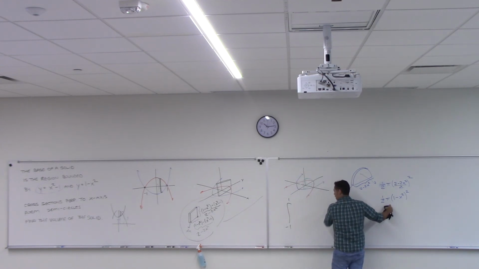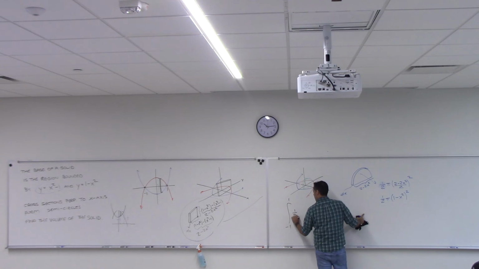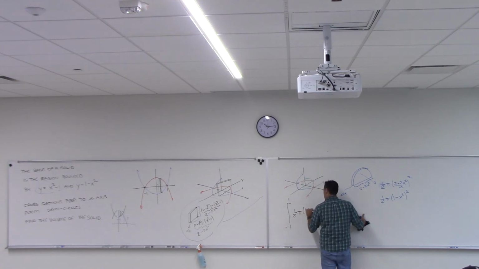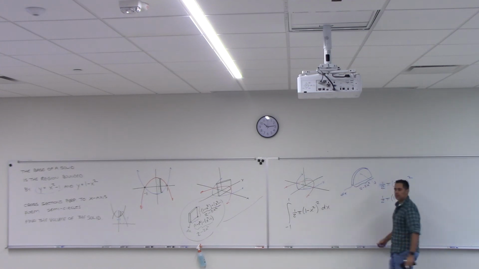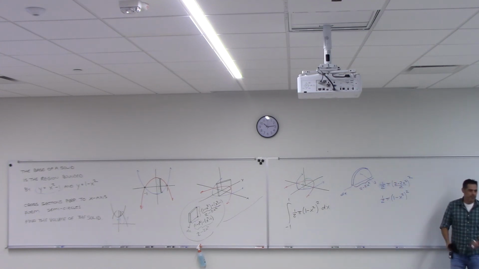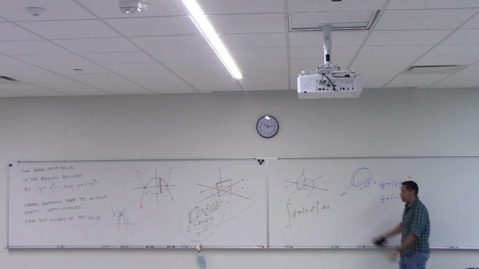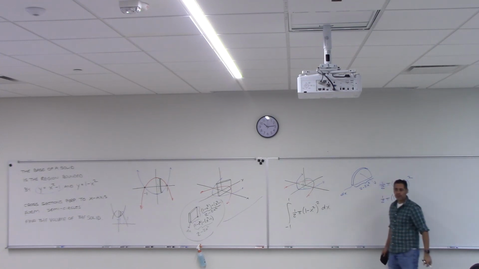It's this times the thickness. So 1/2 pi, 1 minus x squared, that quantity squared, times dx. That all right? Whatever that is, that's the volume.